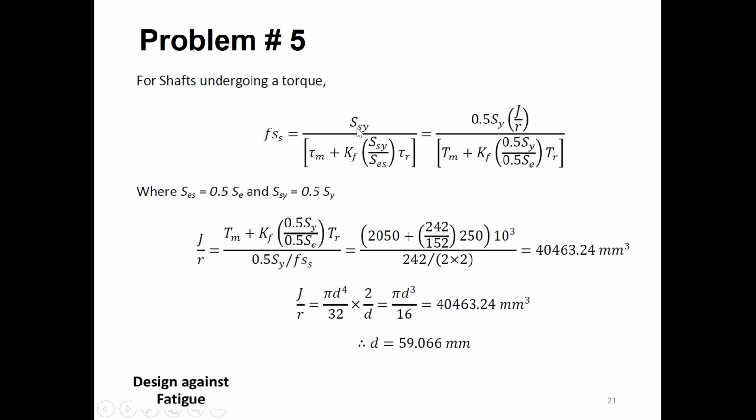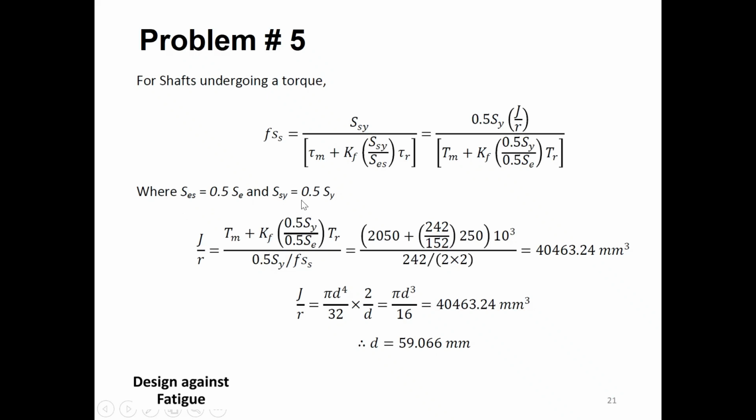Also, the endurance strength of the material in shear is equal to 0.5 times the endurance strength based on bending. So if the endurance strength based on bending is given, multiply it by 0.5 and it gives you the endurance strength in shear.